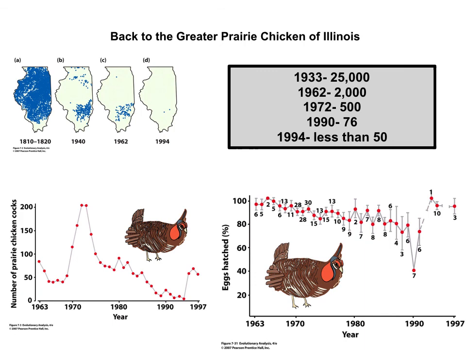If you look at that chart there on the bottom left, going from the mid 60s to the 70s, the prairie chicken populations seem to be rebounding. But then we see that success was fairly short lived, and then they begin to nosedive. And so we assumed that something else was going on, but we didn't really know what.